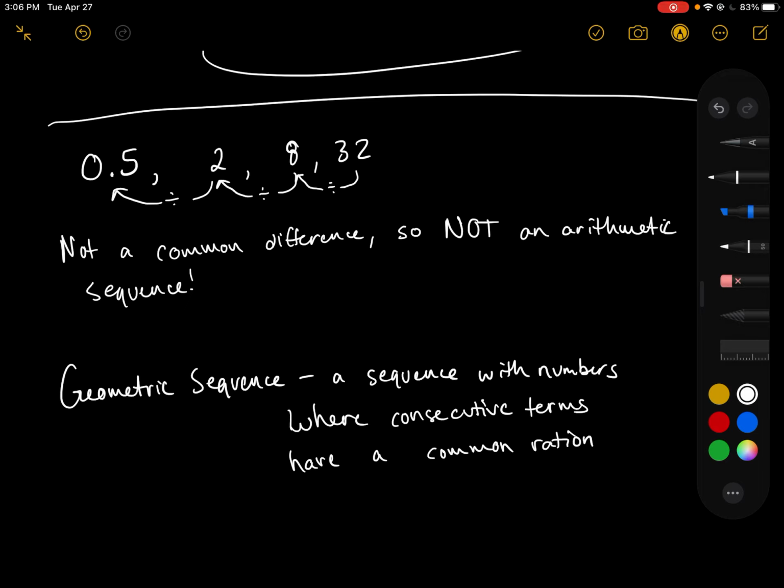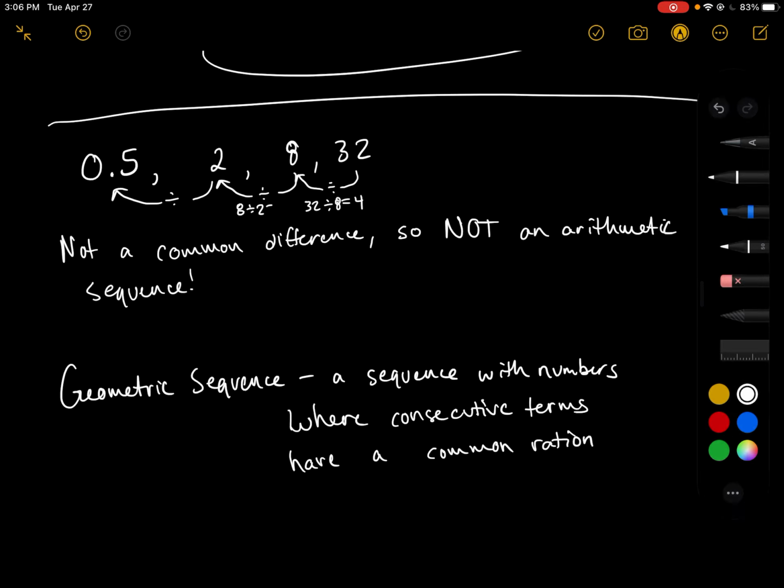What that means is if we take a term and we divide it by another term, it should have the same answer every time.